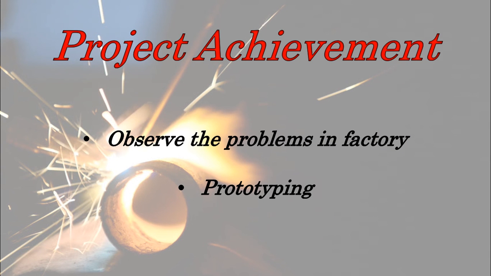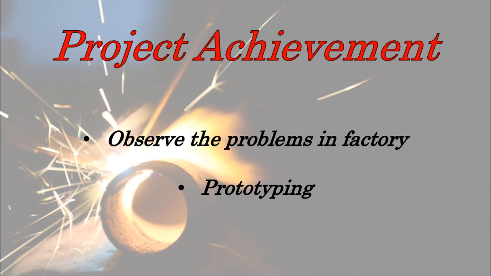Now, for the project achievement, what I have personally done is we went to a factory. I'm helping to observe the problem and the challenge in the factory, and see what we can help to solve.